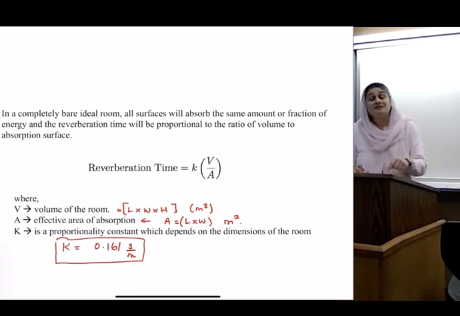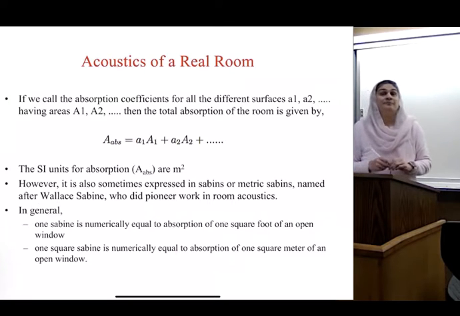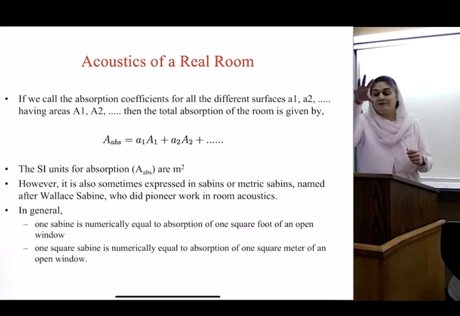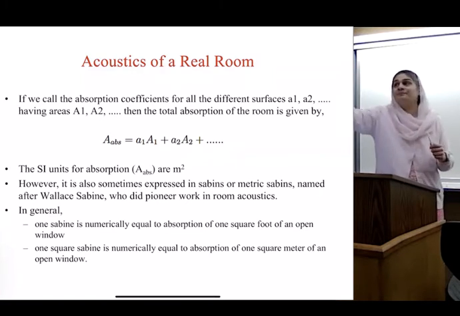Okay, next, this is for an empty room. Now, what if the room is not empty, but it in fact has chairs, and it has a carpet, and all of these things absorb sound?